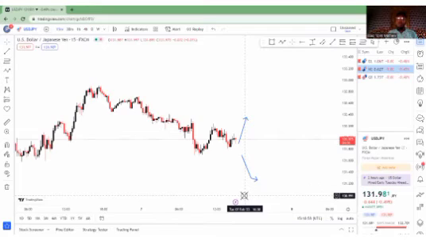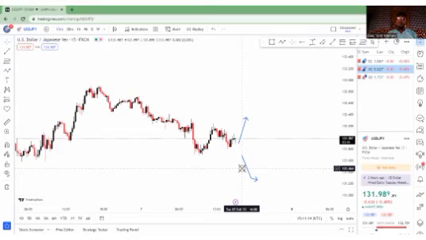So for buy limit, some people misunderstand this concept, or let me say their interpretation of it, they mix the two together. Buy limit is when the market is selling.